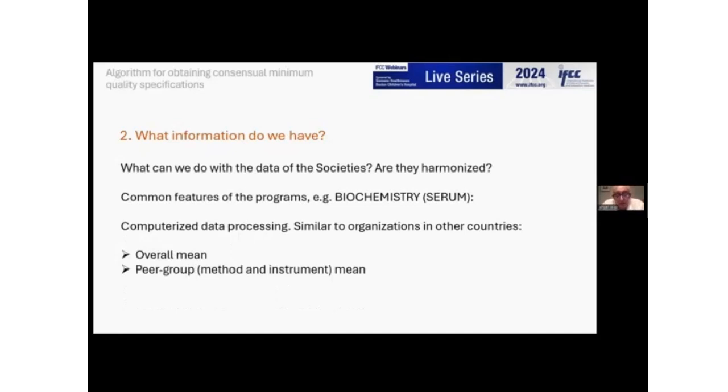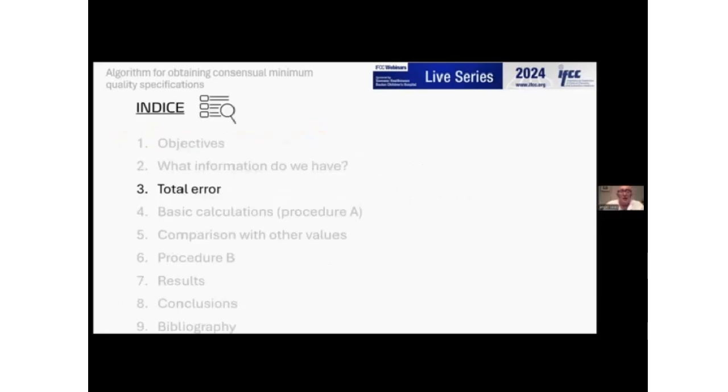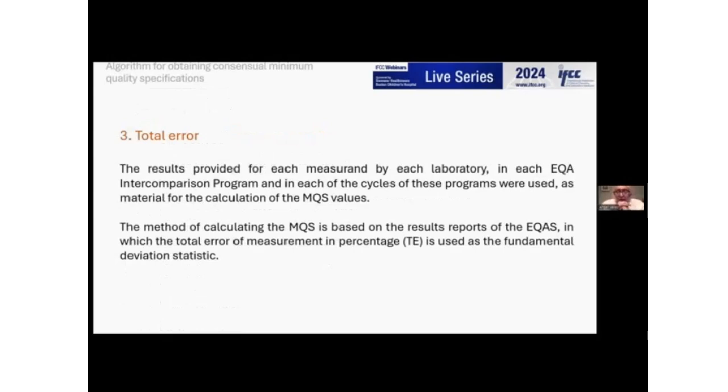And now we enter into an aspect, the total error. We are going to work to determine the minimum consensus quality specifications for the total error. Then, for each measurement, we have to obtain the data provided by the different societies to make this calculation. And this calculation will be done with the total error expressed as a percentage, which will be the statistic we will work with.